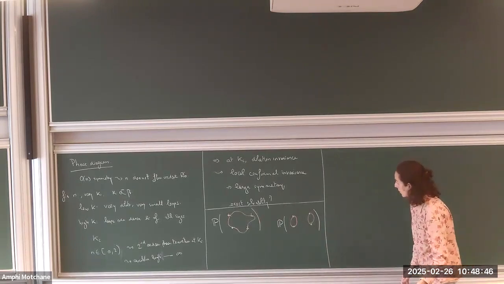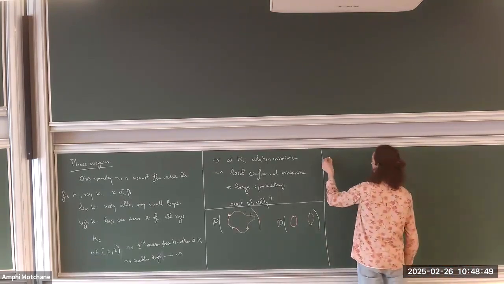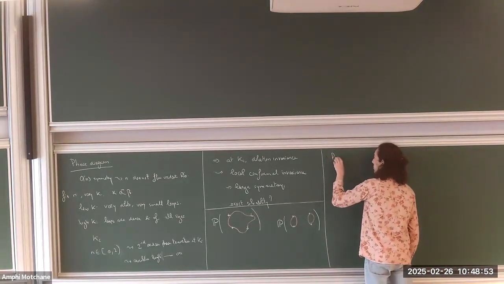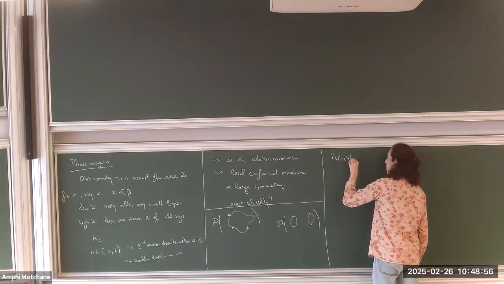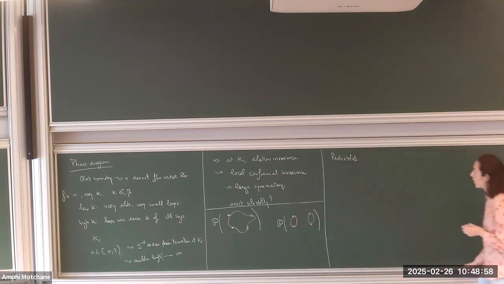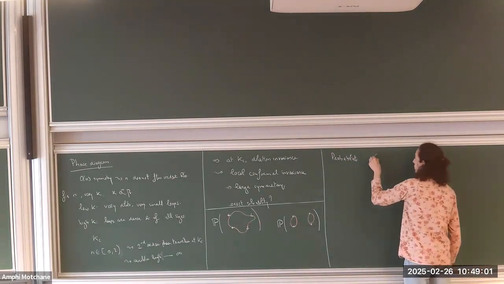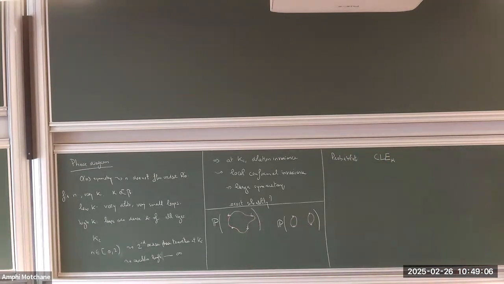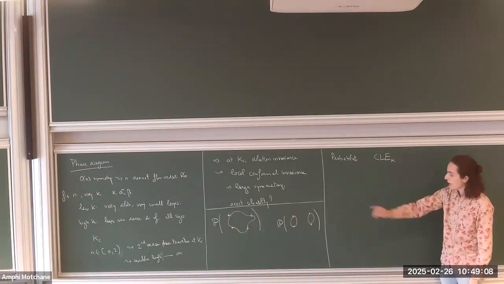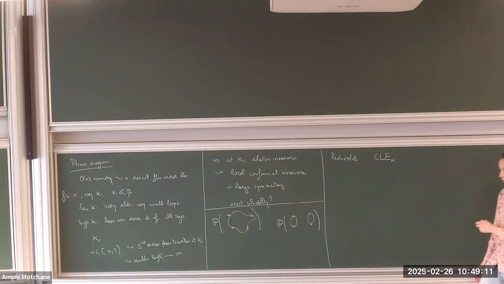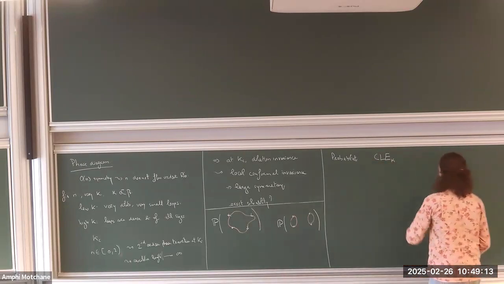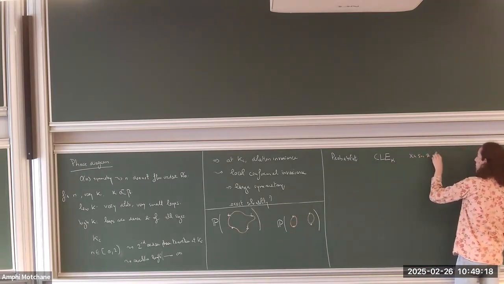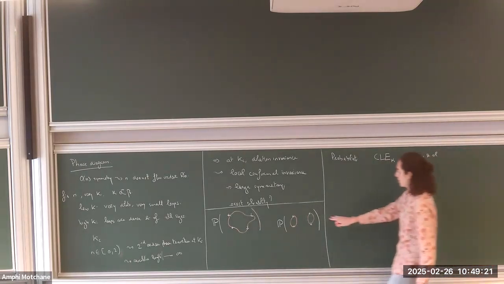I should mention at this point that these models are also very much studied in the mathematical community by probabilists. For these people, these models are known under the name of CLE kappa, for conformal loop ensemble, and the parameter kappa is related to n. Some very recent results by Sheffield, Sun et al. have computed some of these probabilities.